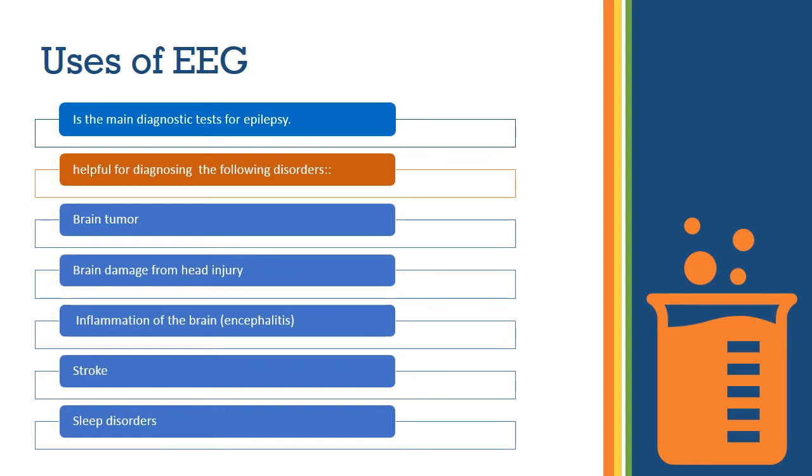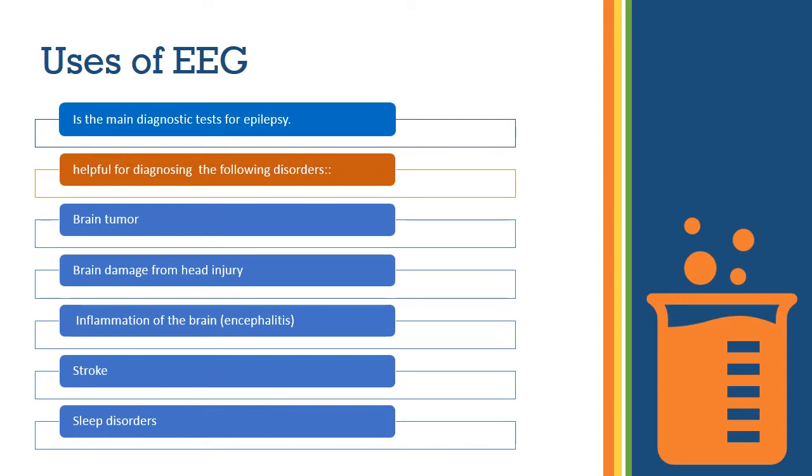It's also helpful in diagnosing other disorders within the brain. For example, in brain tumor, in the area where the tumor is located, we could have specific abnormal neuronal discharges, which can give an idea about abnormality in that region. Also, in case of brain damage, in case of head trauma, it can help us.